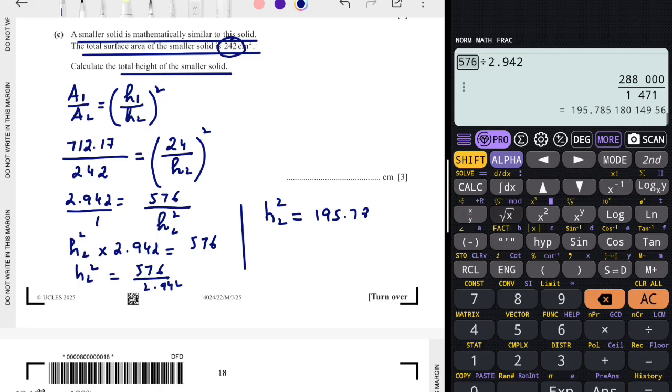So by taking the root of this, the answer becomes 13.99 or 14. So this would be the height of the smaller solid.